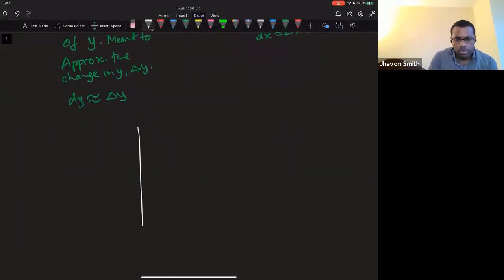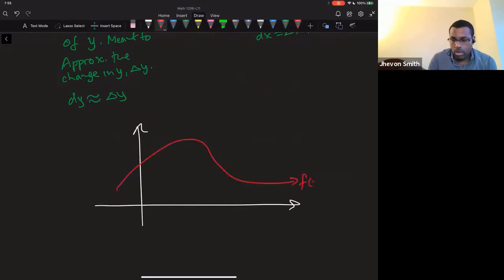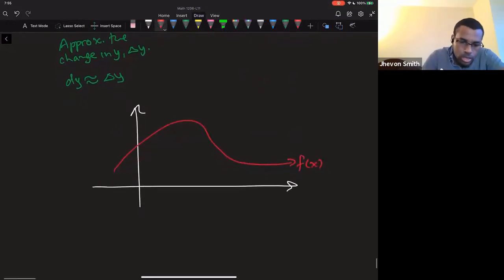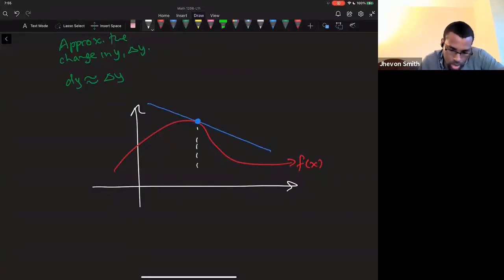And the idea is you have your function and you have, say, the tangent line here. And you start here and you care about here.